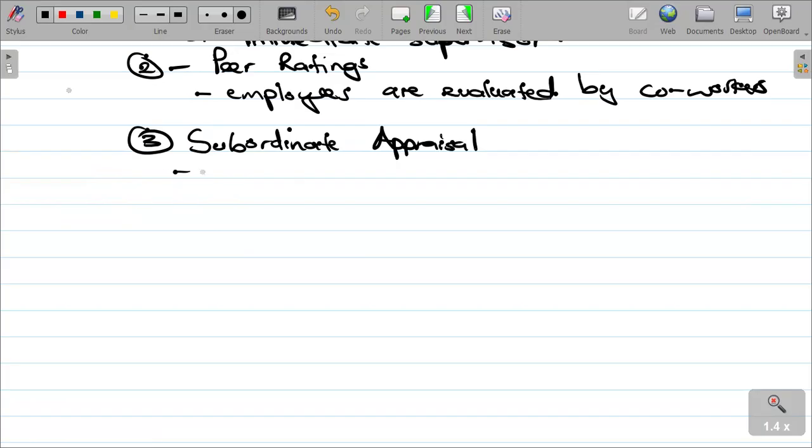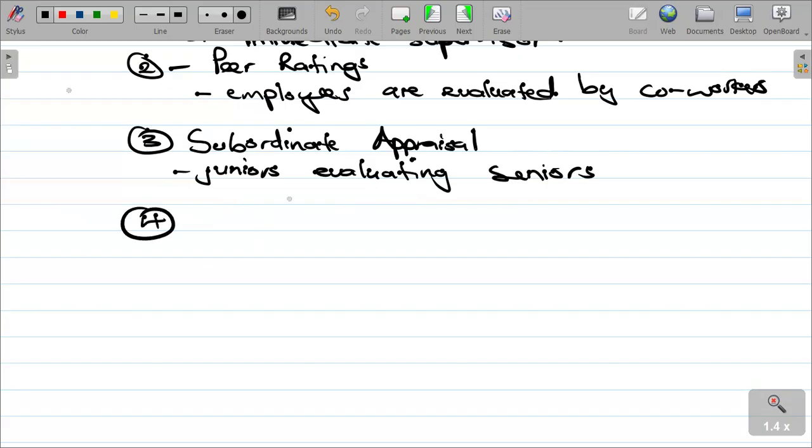Juniors evaluating seniors at work in an organization. That's what we call subordinate rating.